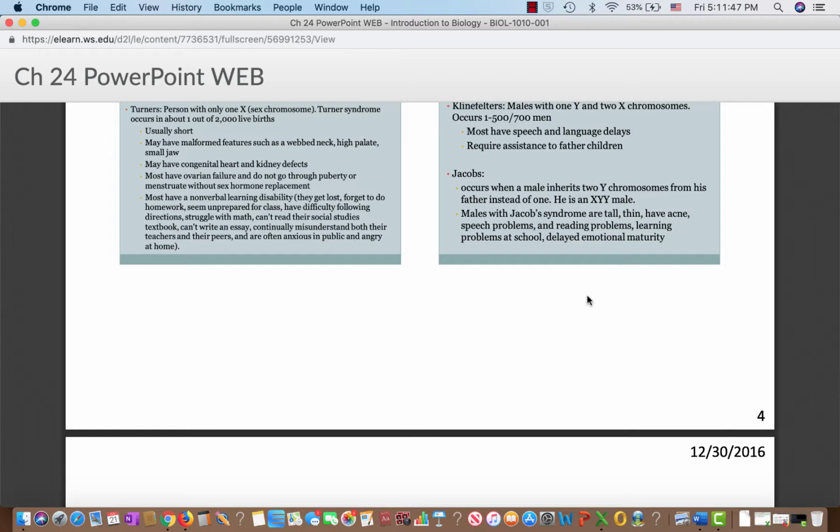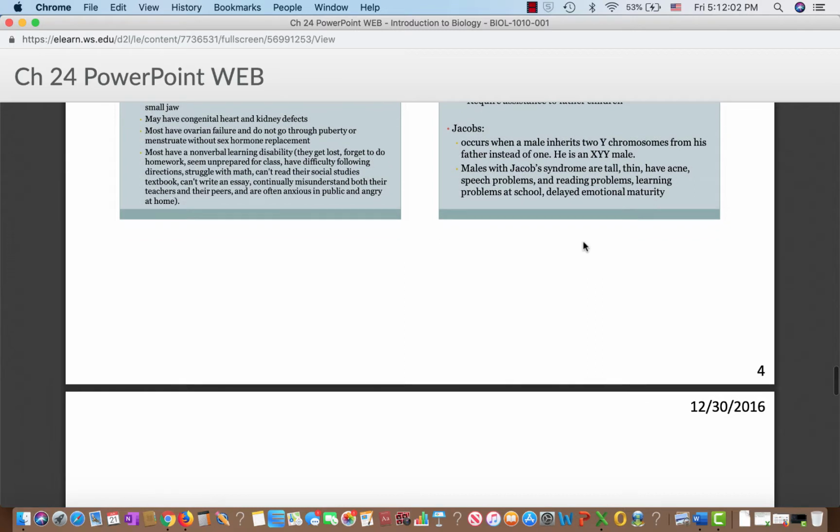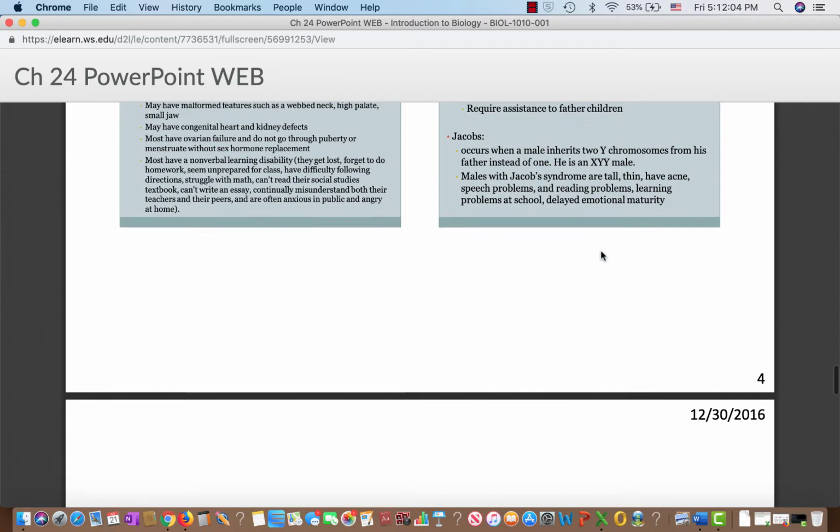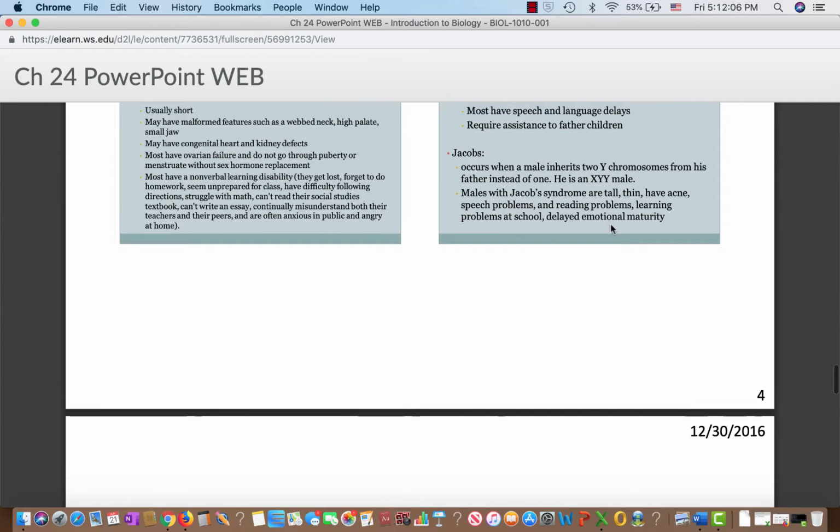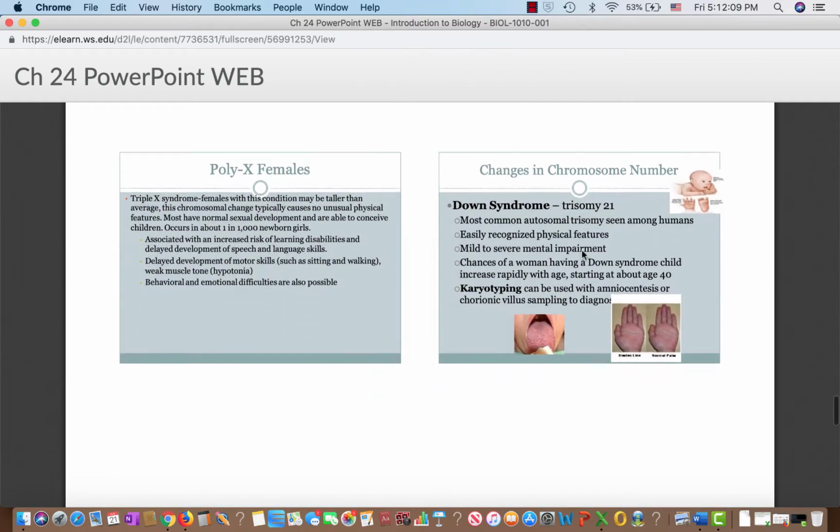Delayed emotional maturity, so they can be a little more aggressive because they have difficulty regulating their emotions. But for the most part, you really wouldn't be able to tell that someone had Jacob's syndrome unless you check their genotype. It's pretty mild. It does not mean you're a serial killer.